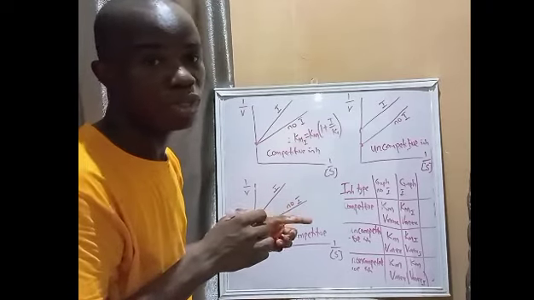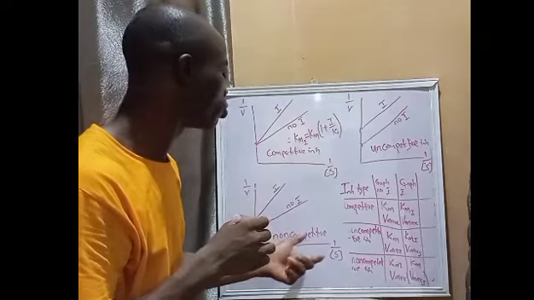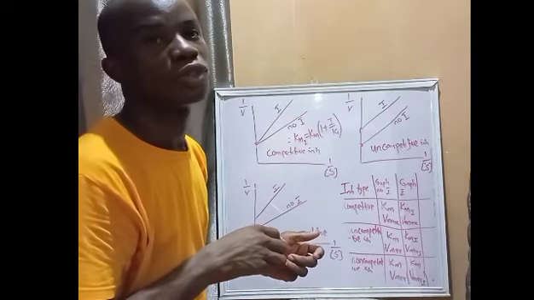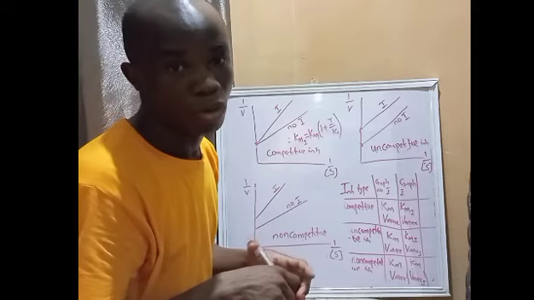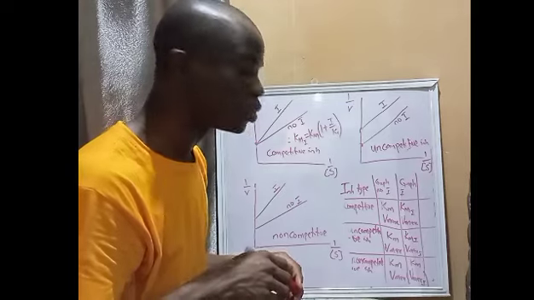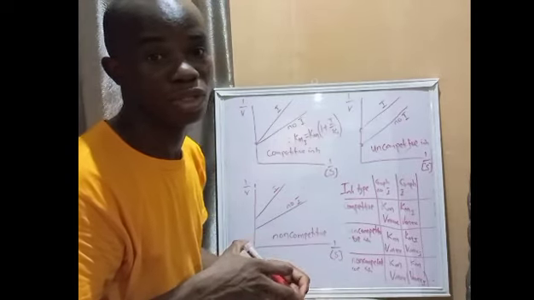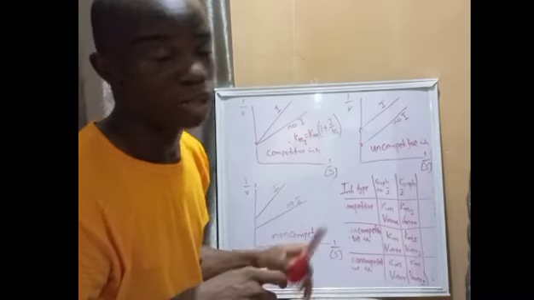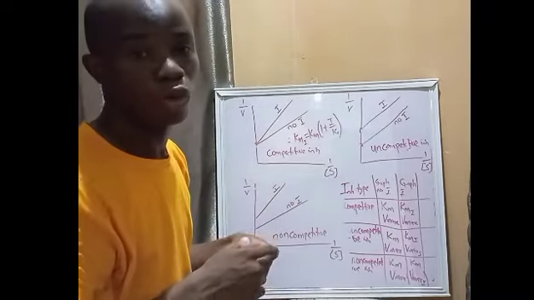In the case of a non-competitive inhibitor, the Vmax will reduce compared to what you had before. The maximum velocity of the reaction will certainly reduce, and that's what we have for a non-competitive inhibitor.